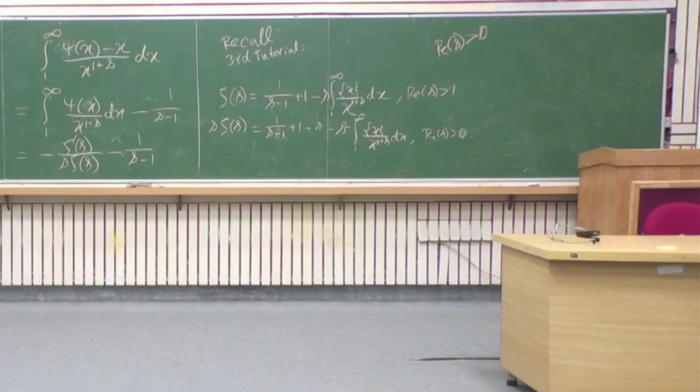So zeta prime s will then have a pole of order 2 at s minus 1, plus some b0, plus dot dot.